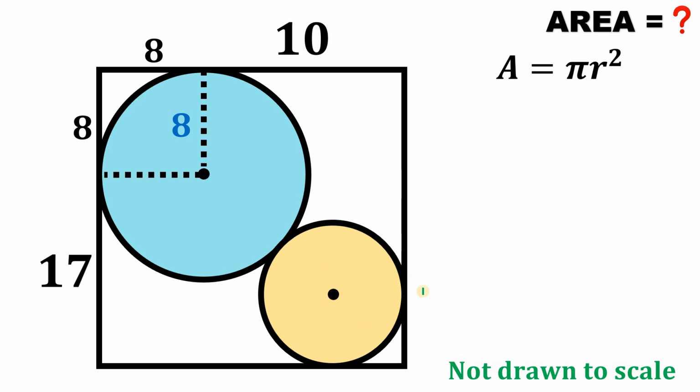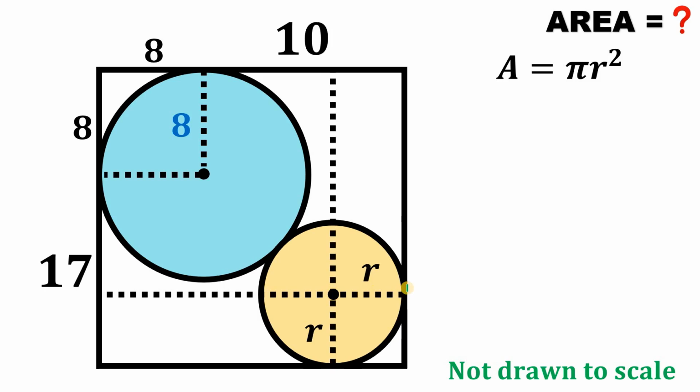Let's mark its center, draw its radius, and call it r. To find this r, we extend this radius like this. Also take note that since it touches at the point of tangency, this radius is perpendicular to this side of our rectangle.